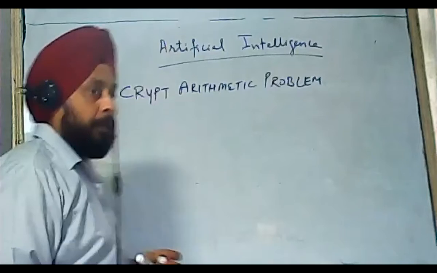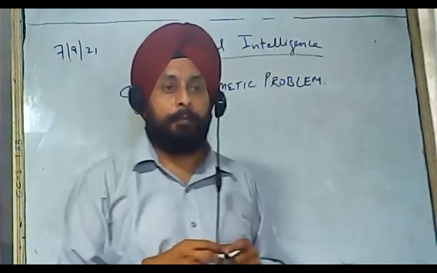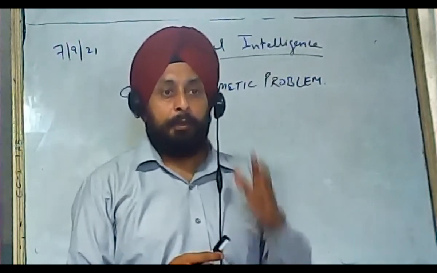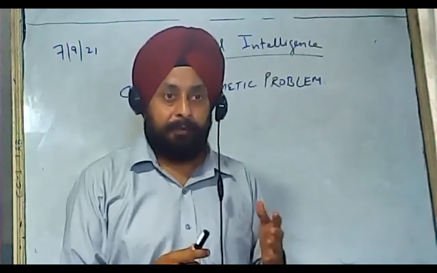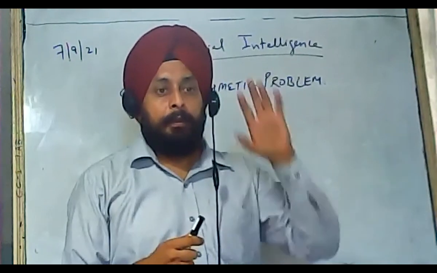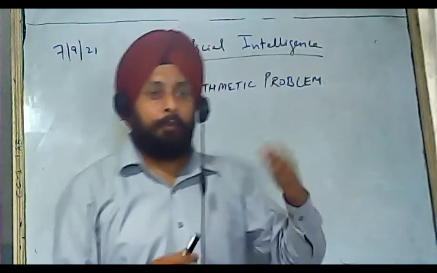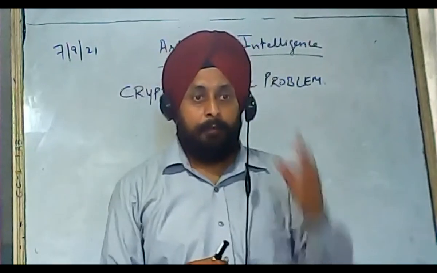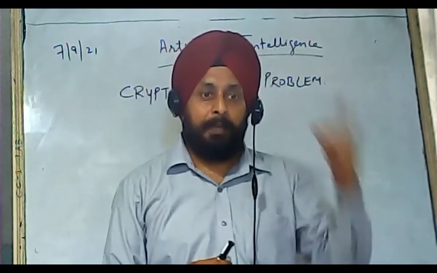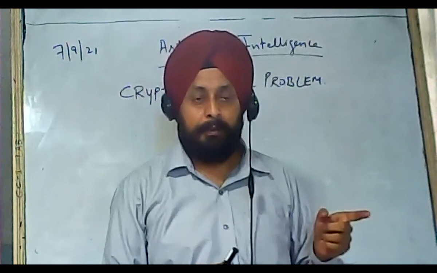So a crypt arithmetic problem is a type of problem in which you are given some alphabets and your constraint is you have to assign one digit to one particular character of the alphabet.